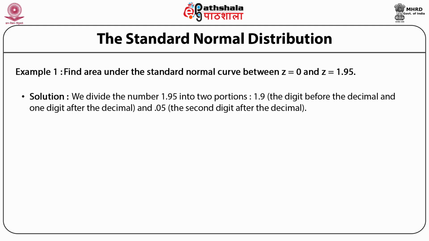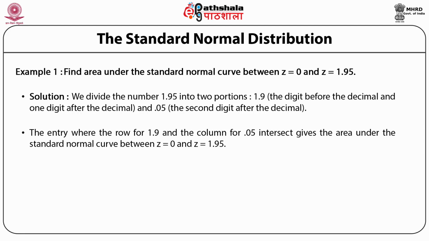To find the required area under the standard normal curve, we locate 1.9 in the column for z on the left side of table 1 and 0.05 in the row for z at the top of the table. The entry where the row for 1.9 and the column for 0.05 intersect gives the area under the standard normal curve between z equal to 0 and z equal to 1.95.